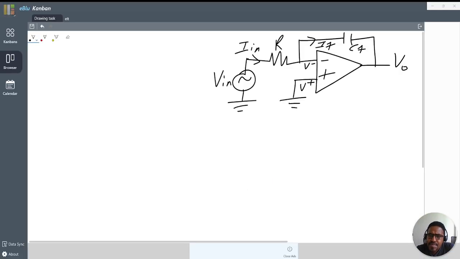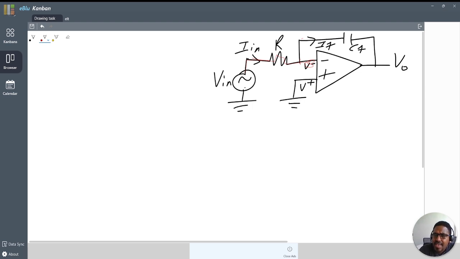Now, as you see, our V in goes through a resistor to the inverting terminal. Also, our V out comes back through a capacitor to the inverting terminal. So V in goes through this resistor to the inverting terminal, and again through this capacitor to the output.